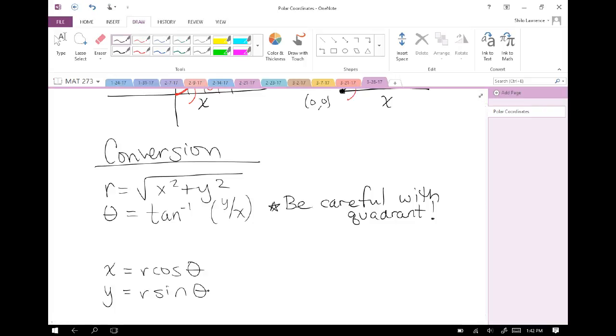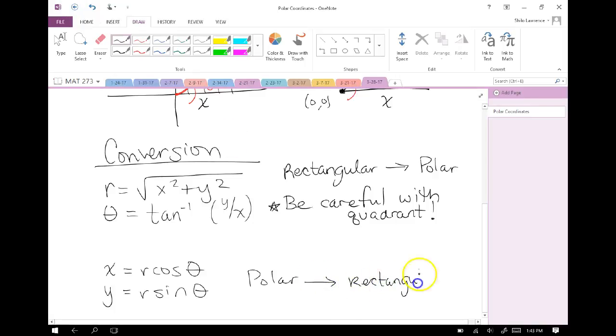And again, those are the exact same conversion formulas we used back at the beginning of chapter 11. And we could use these conversion formulas to change just a single point or to change an entire equation.